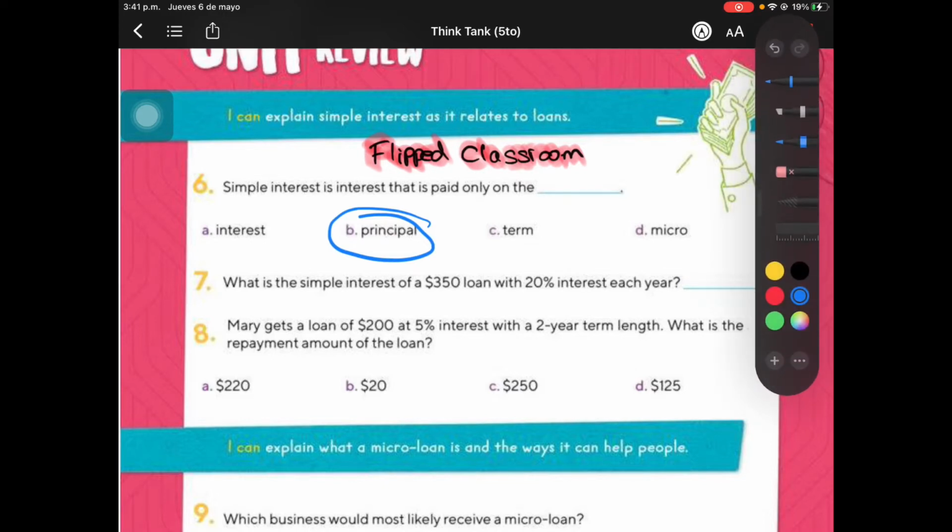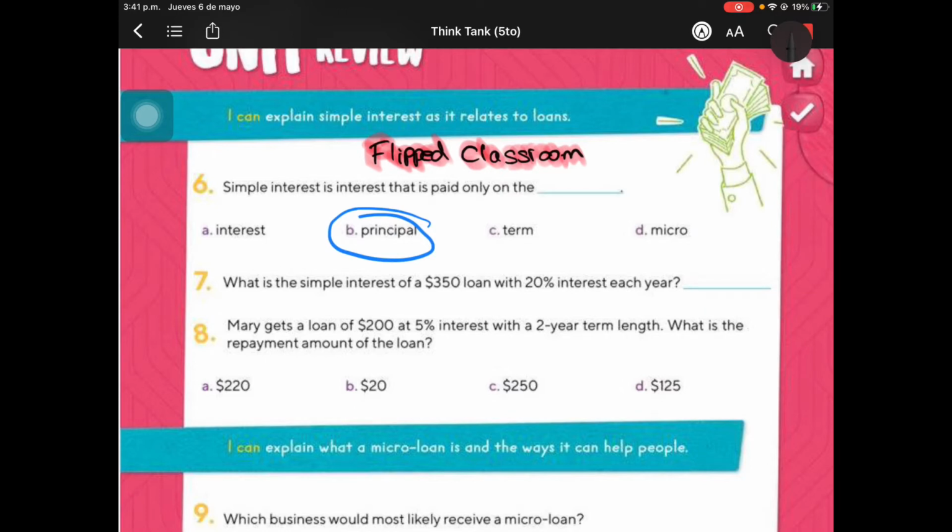Now, next question. What is the simple interest of a $350 loan with a 20% interest rate? Now, the first thing that you need to take into consideration when answering this kind of exercise is the formula, which is a simple formula. It is the principal times the interest rate in decimals times the time.